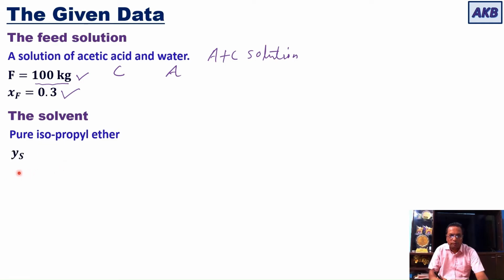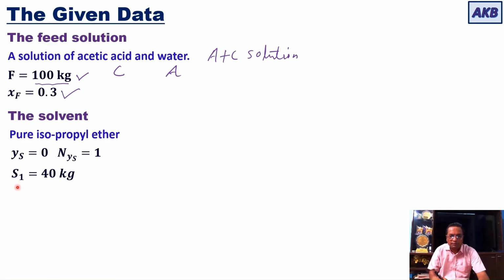That means Ys, which is the weight fraction of C in the solvent, is 0, and Nys, which is the weight fraction of B in the solvent phase, is 1, since the solvent is pure B.